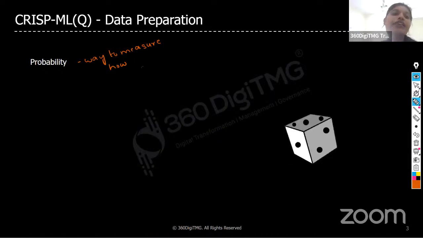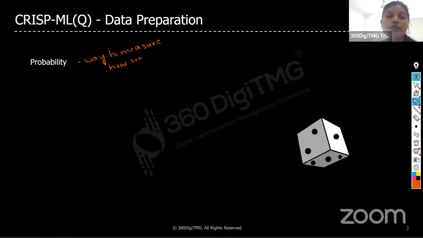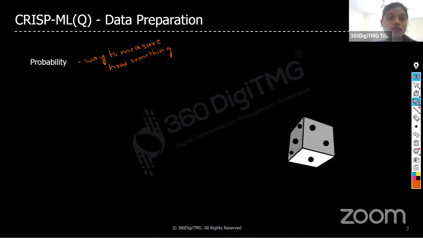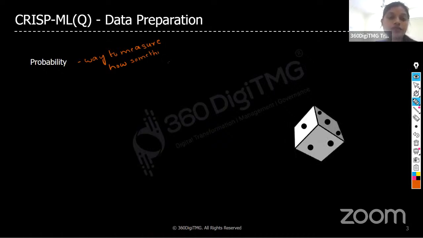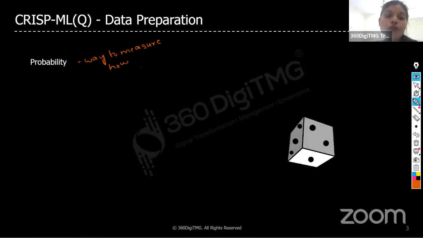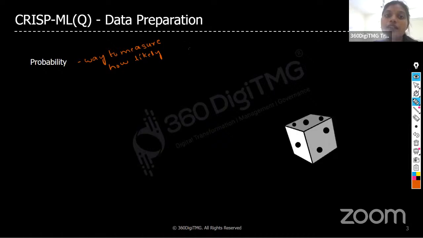It is a way to measure how likely something is going to happen. We will talk about the example clearly later.